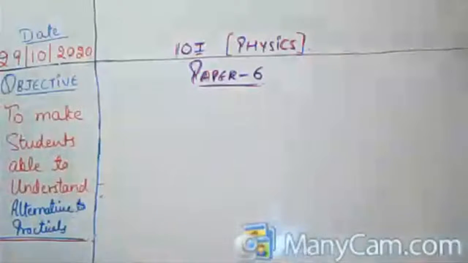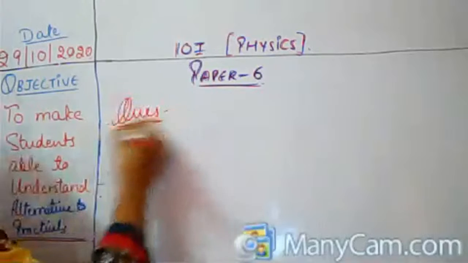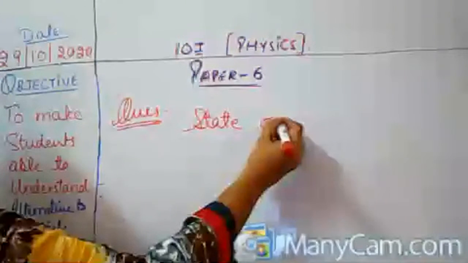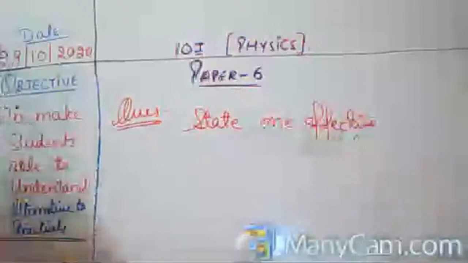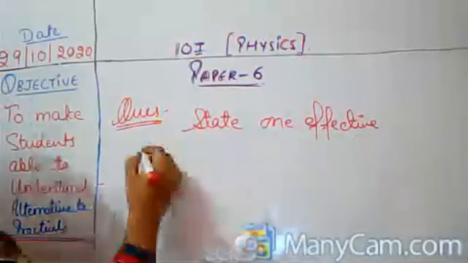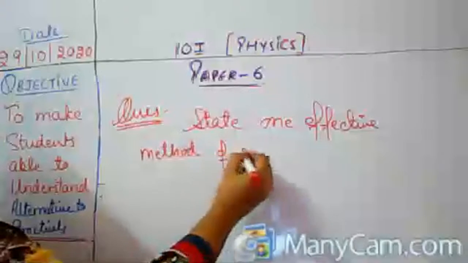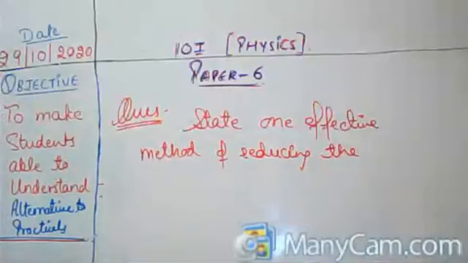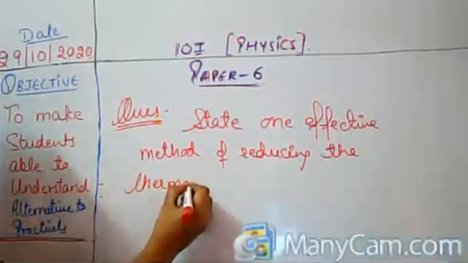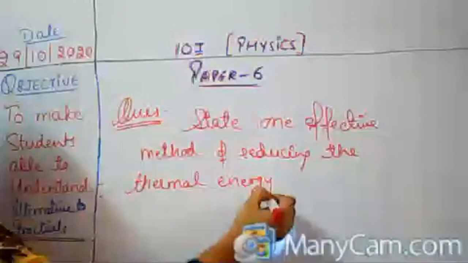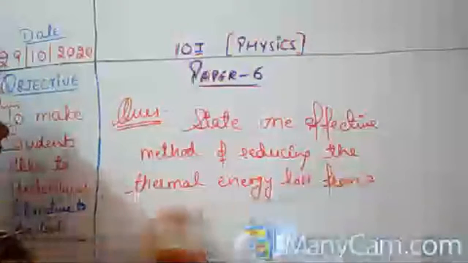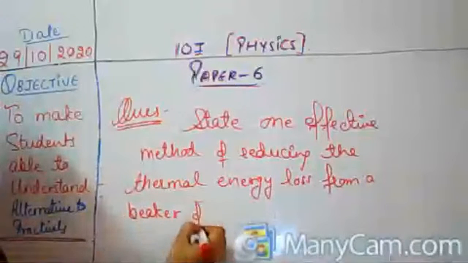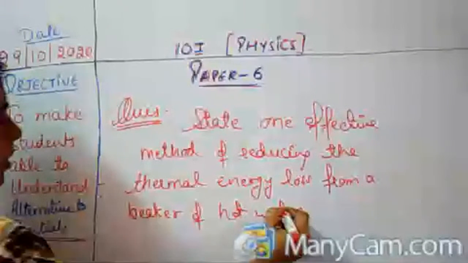If you have a beaker of hot water, state one effective method of reducing the thermal energy loss from a beaker of hot water.